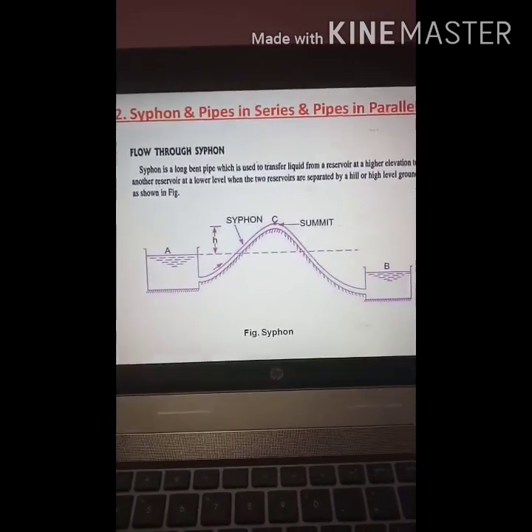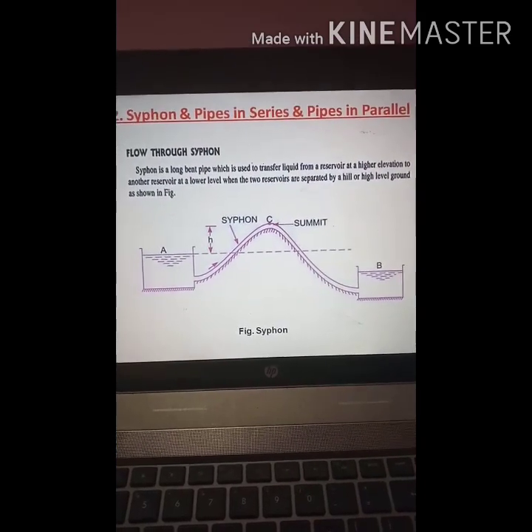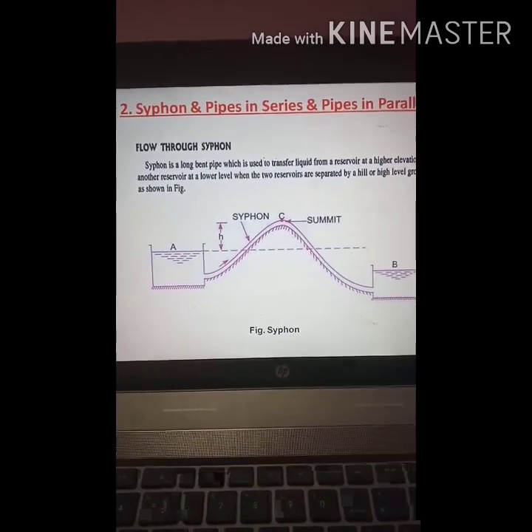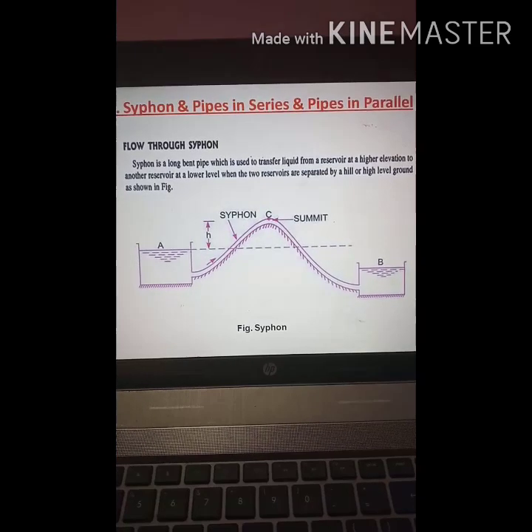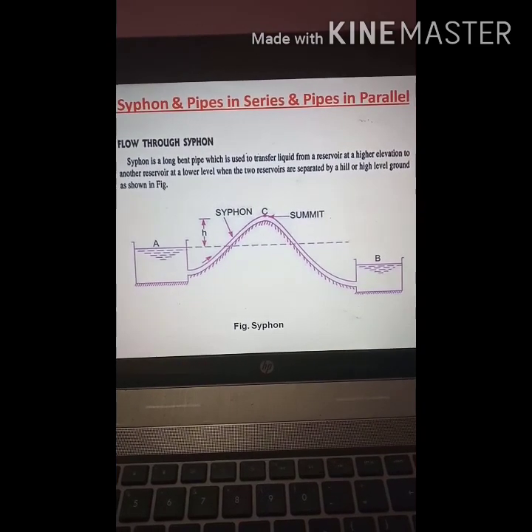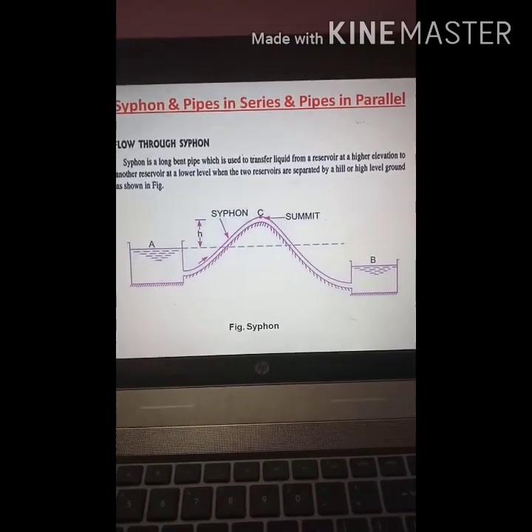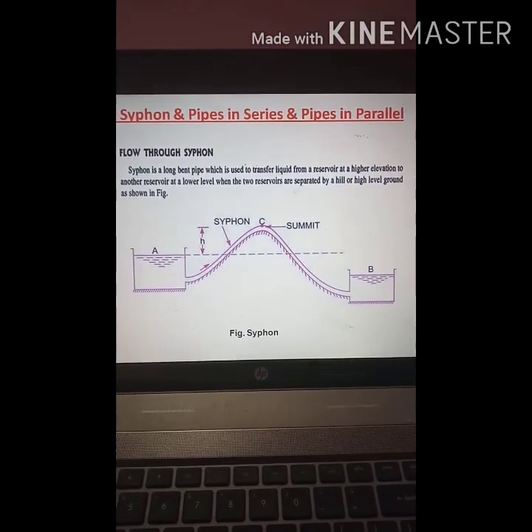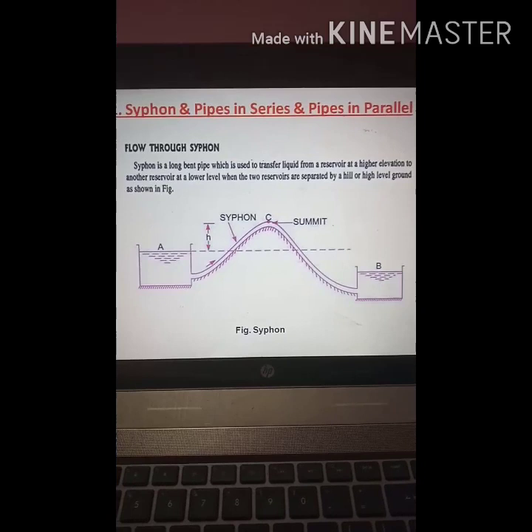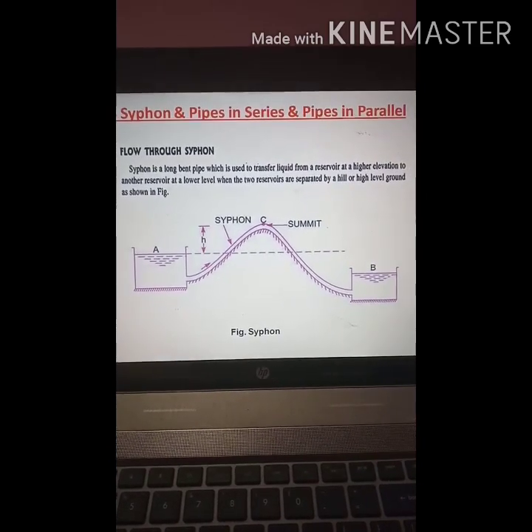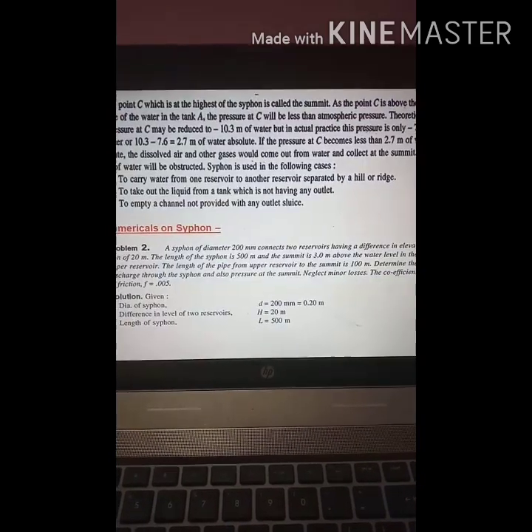So it is a useful phenomenon to carry water naturally from tank A to B. We need not provide a pump for carrying water from A to B. This is a very important term, used for carrying water without using any external source of energy.